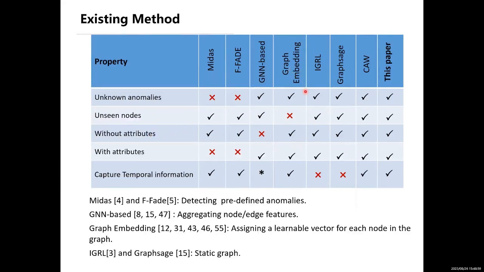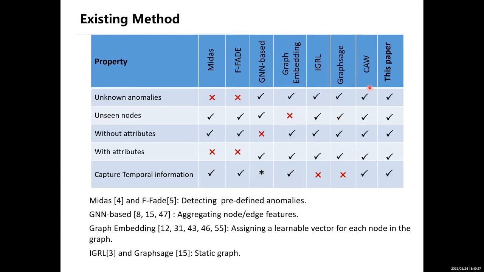Graph embedding methods assign a learnable vector for each node in the graph, so they cannot handle the inductive setting, because when a new node comes, they have to retrain their model to get the representation for the node, which is extremely expensive. For IGRL and GraphSage, these methods work on static graphs, so they cannot capture temporal information.